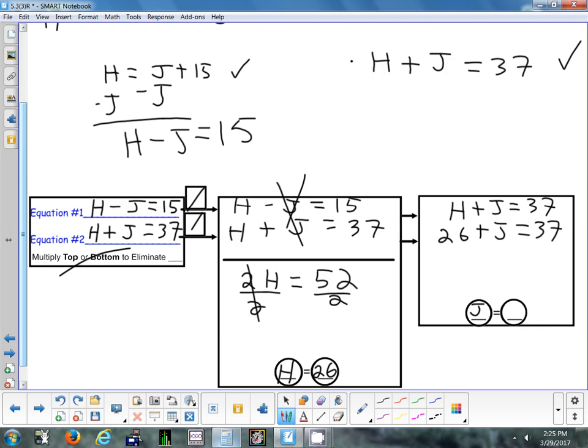I like the one she picked because Jim's age has a positive 1 in front of it, which saves you a step. J's already by itself, we just have to move the 26. How do we move the 26? Minus. So how old is Jim? 11. He's 11.